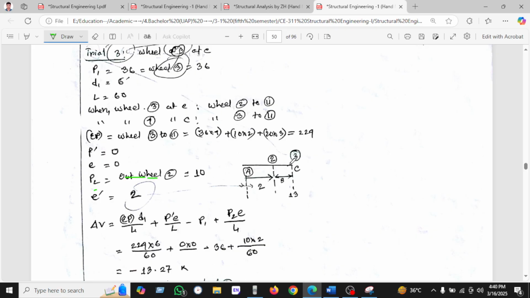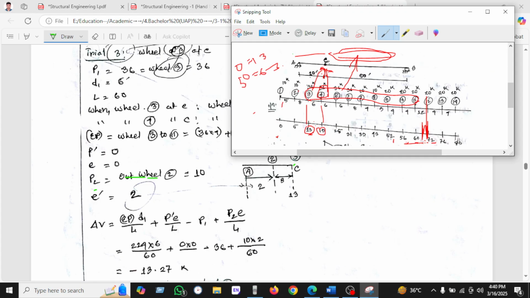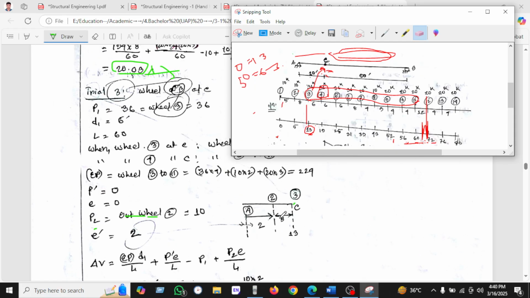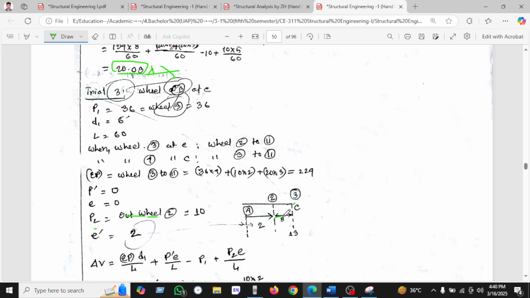This is wheel 2 when wheel 3 is at C, as we have seen. Wheel 3 at C. I'm just erasing again. Then what will be the phenomenon? Wheel 3 at C, then wheel 2 will be at a distance of 8. Yes, the coordinate is given here, but we have 10 feet here. So if 8 feet is given here, then we have a remaining 2 feet.